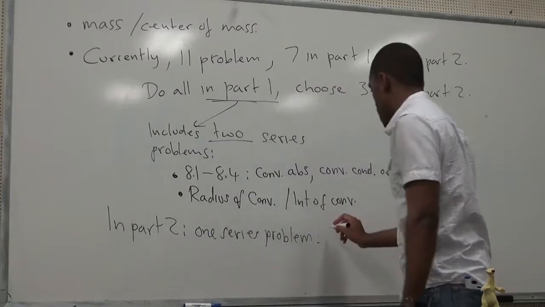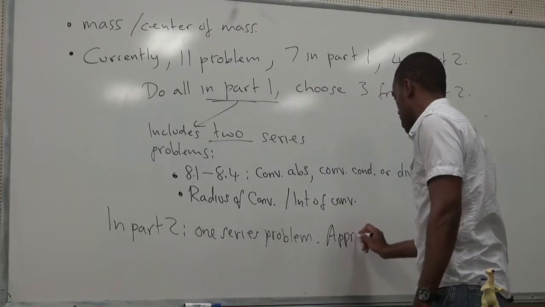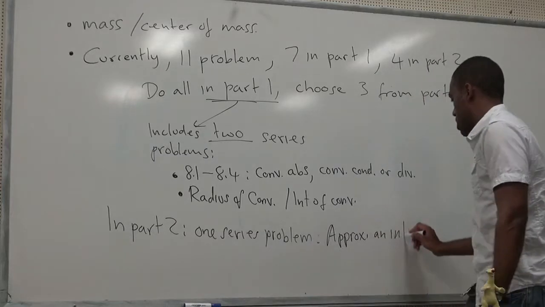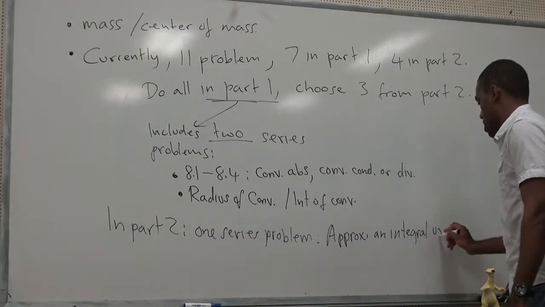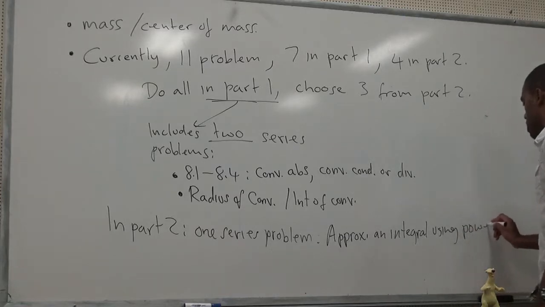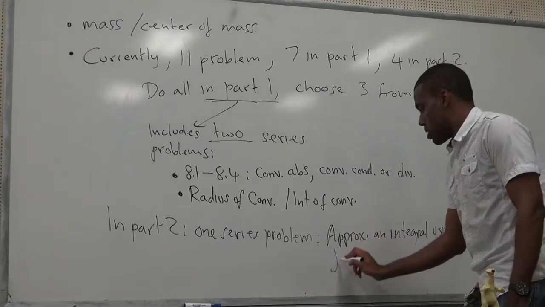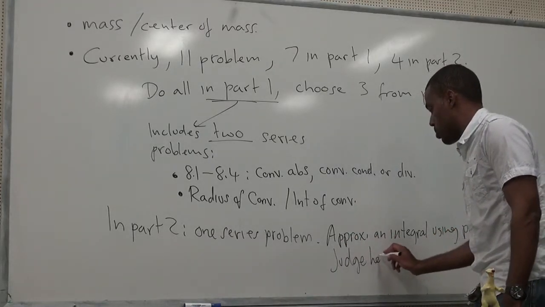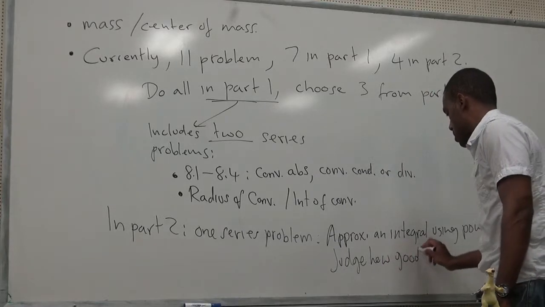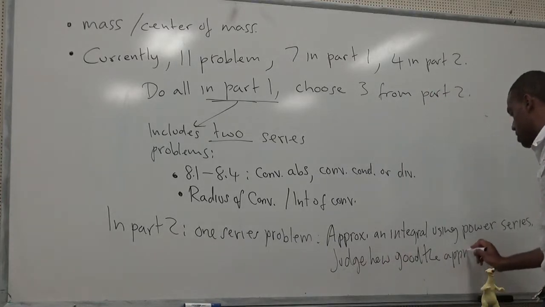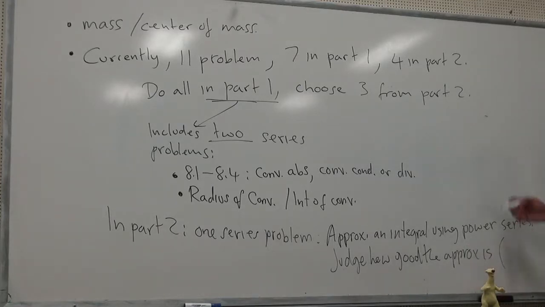Oh, it's approximating an interval using power series and judging how good the approximation is. And of course that just means the alternating series approximation theorem, usually. That's the only one we sort of know. Series approximation theorem.